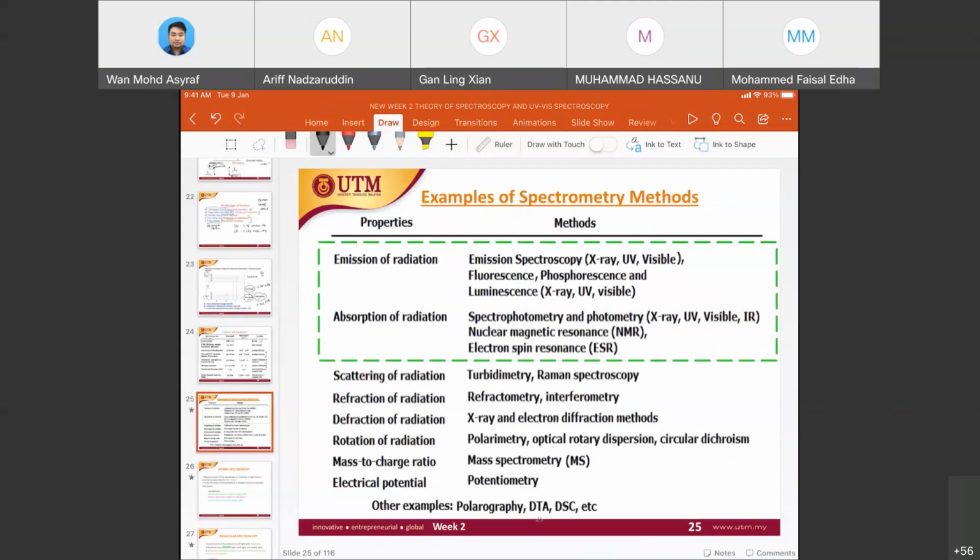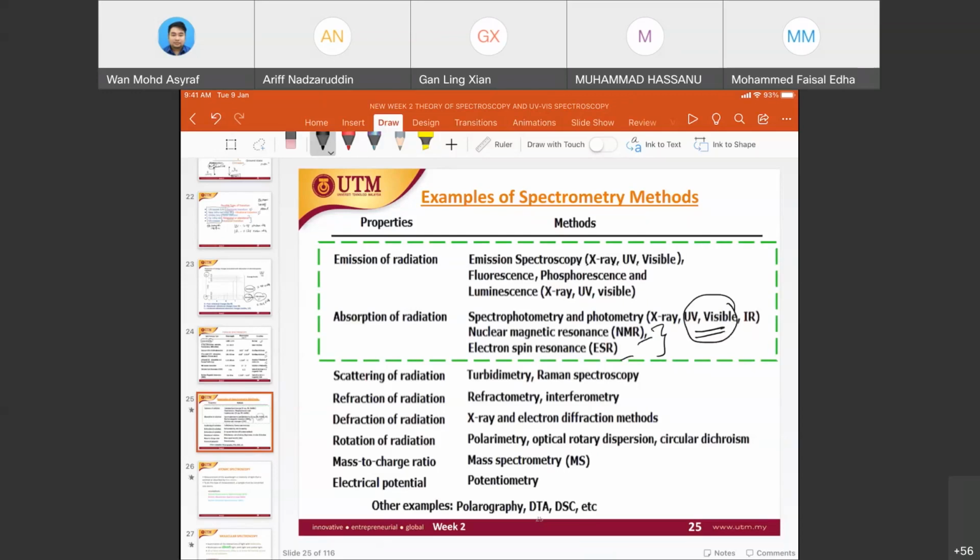But for your syllabus, it is just about emission and absorption. If we look at absorption, it is UV visible instrumentation, maybe NMR or ESR, but we will not be covering that. It's just UV visible.